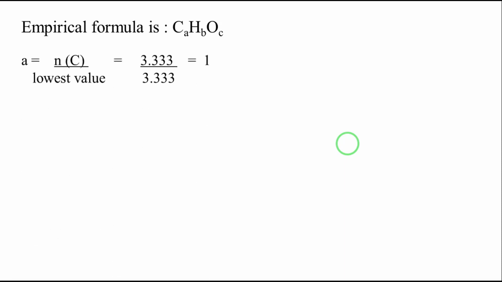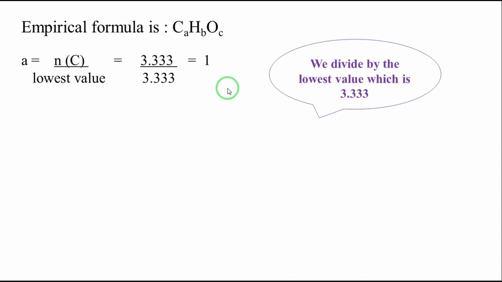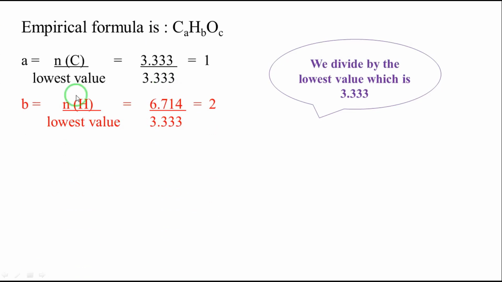In order to calculate a, the lower subscript for carbon atoms, it's equal to the number of mole for carbon divided by the lowest value, which is 3.333. So it's equal to 1. For b, which is the lower subscript for hydrogen atoms, it's equal to the number of mole of hydrogen divided by this lowest value, and it's found to be equal to 2.